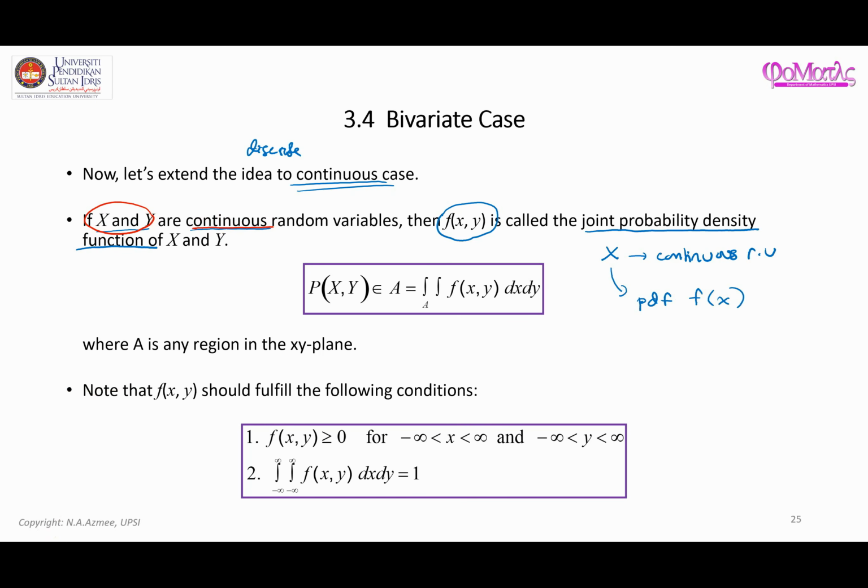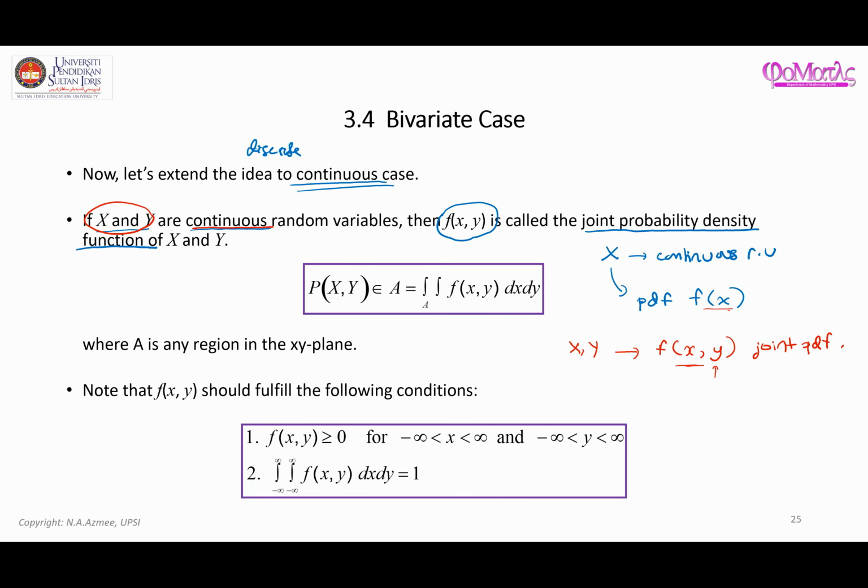So when we are dealing with x and y, continuous random variables, our fxy is just extending this expression to include another random variable y, and we call it joint because they happen together. So x and y happening together, we call it joint PDF.